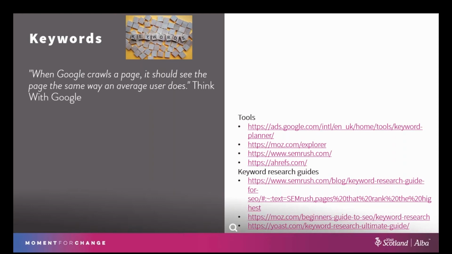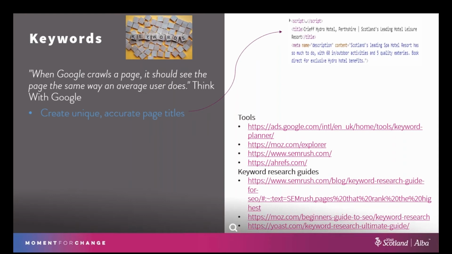And once you've carried out some keyword research, try to find a natural way to use relevant keywords on your website. Here's a few things that you can do, perhaps in conjunction or set up in conjunction with your web designer. You can create unique and accurate page titles.